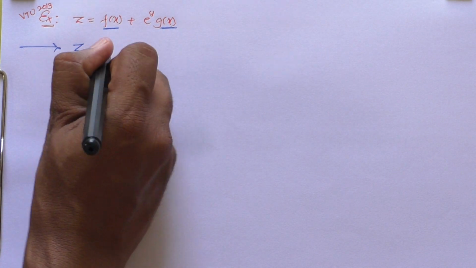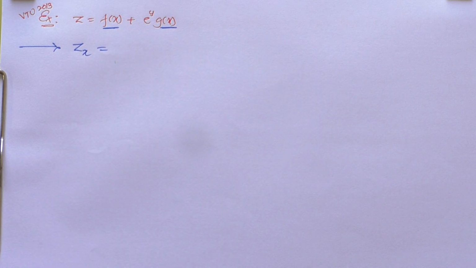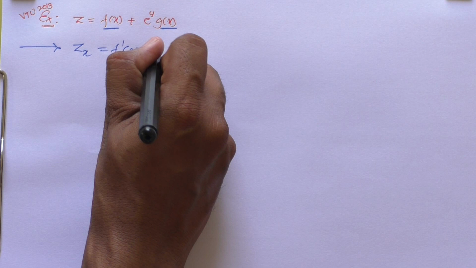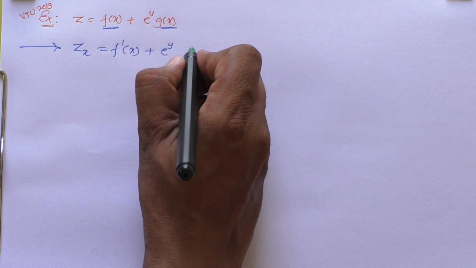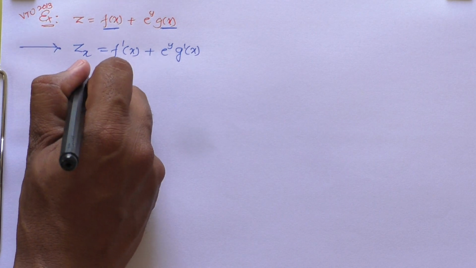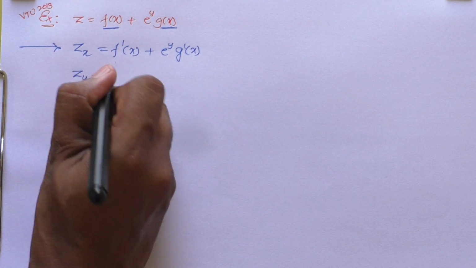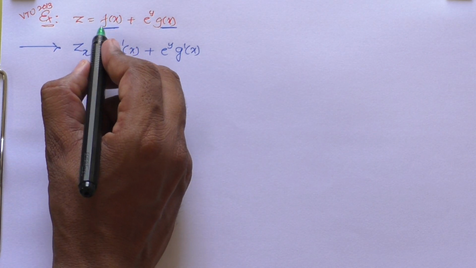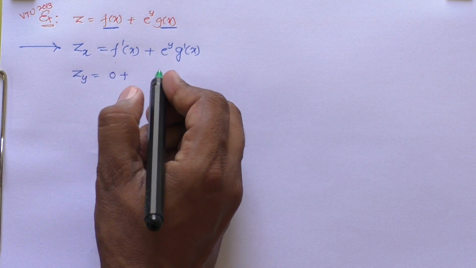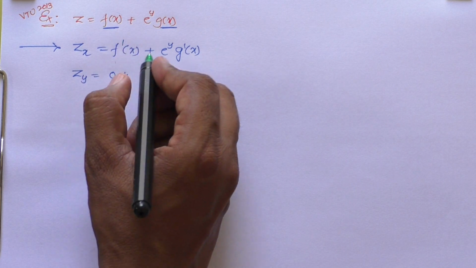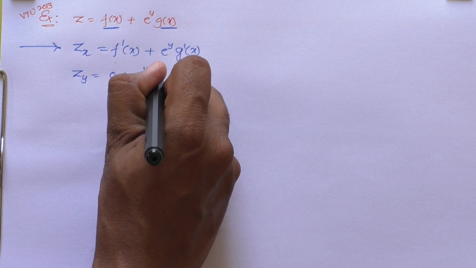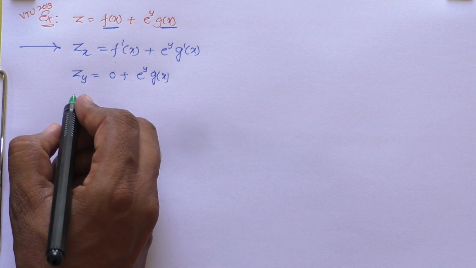So zx, so z differentiate with respect to x, so f differentiation f dash x plus e raised to y, g differentiation g dash x. So this is zx. Then zy, z differentiate with respect to y, so this term will vanish. So other variable term constant, derivative is 0, so f differentiation 0, e raised to y, derivative e raised to y into g of x, multiple as it is.